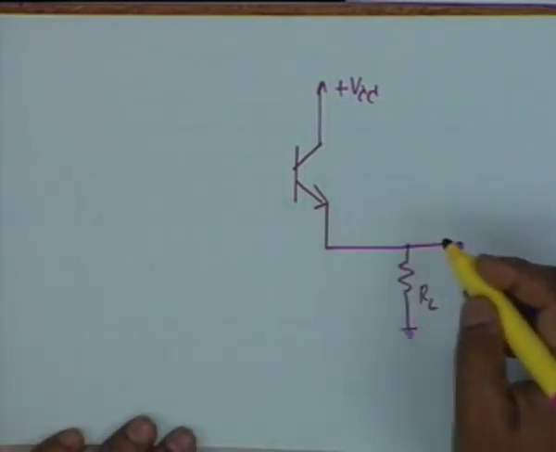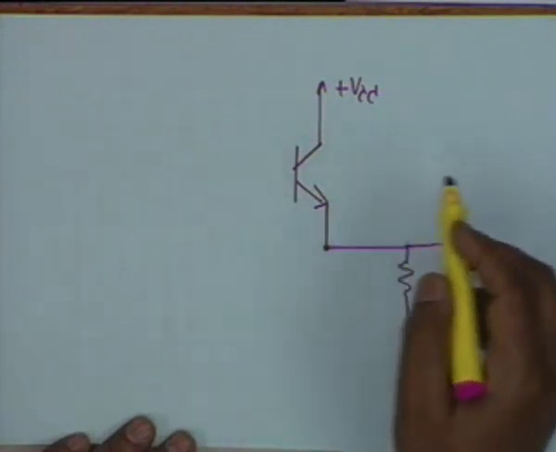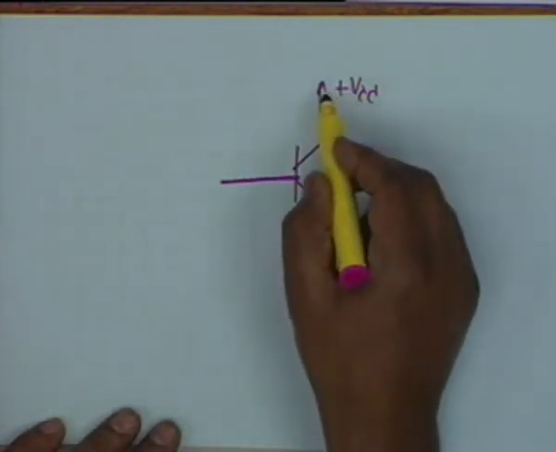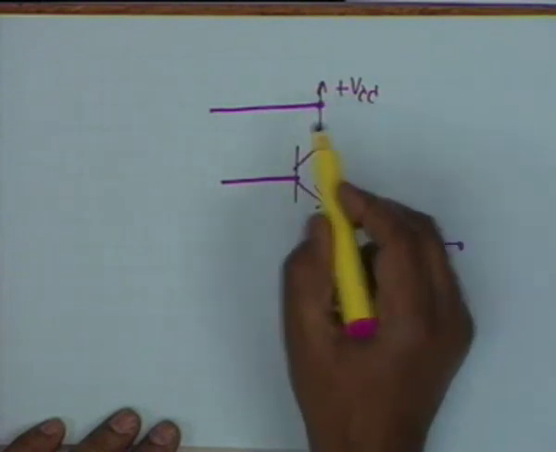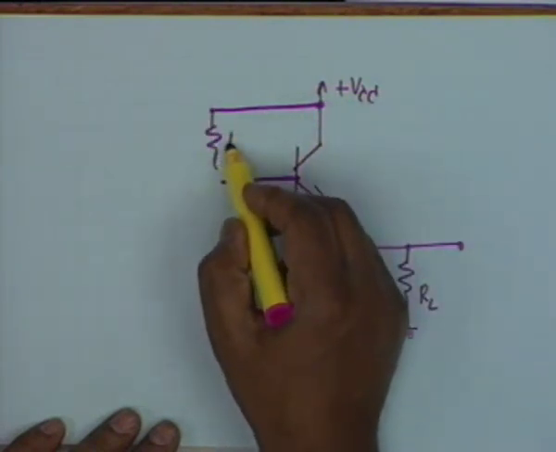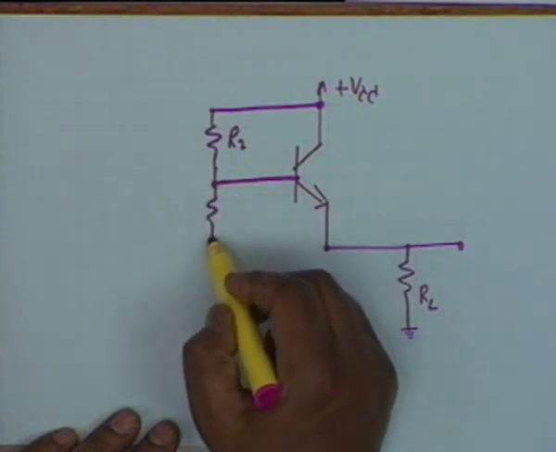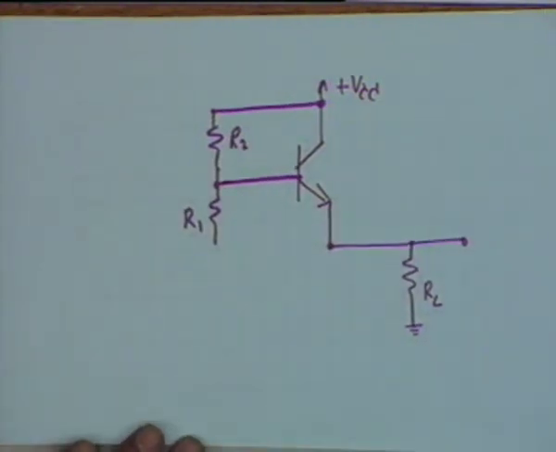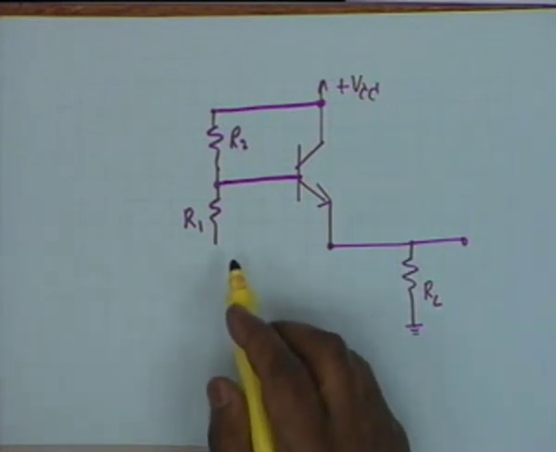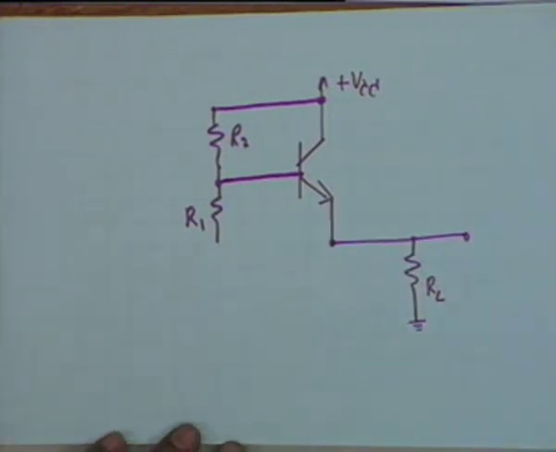Alright. The base is biased in the usual manner, that is you have an R2 and then an R1. I will not complete this circuit here because I have to draw the other transistor also. Alright.